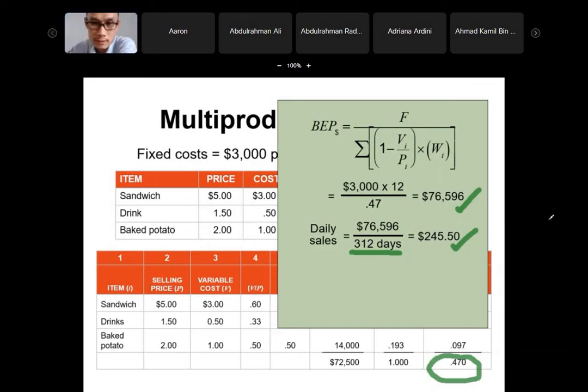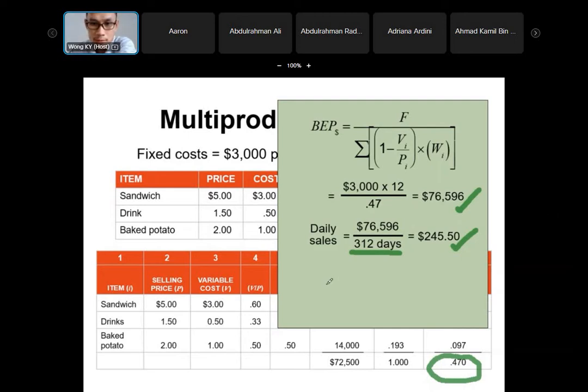Okay, and now let's say the question asks you to calculate what is the break-even point for sandwich per day. So if the question asks how many units of sandwich that the shop should sell every day in order to break even, how do you calculate that? I repeat, the question is how many sandwich the shop should sell every day in order to break even.